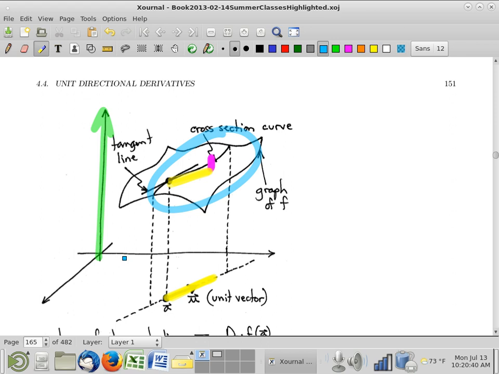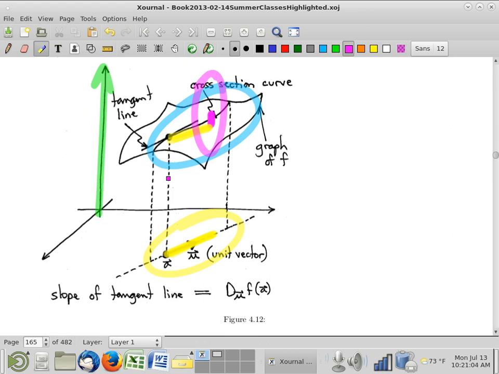And in general, the plain old directional derivative, the general directional derivative, doesn't have this feature. It's only the unit directional derivative, understood as a relationship between distance changed in the input and the corresponding change in the output, that you can interpret as a rise over a run kind of situation, and therefore as a slope.